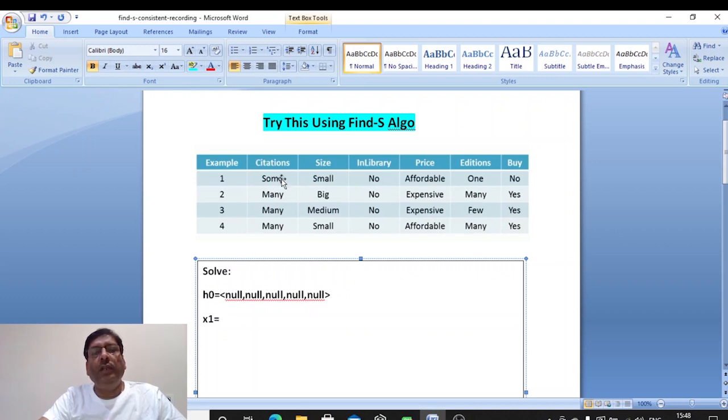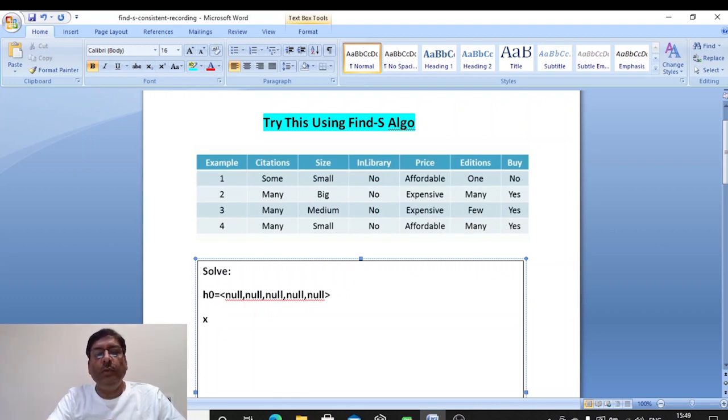But when the values are not matching, then you are supposed to replace with the more general value. In our case, none of these values match with the first example. It is classified as no and expected is no. And as we know, the Find-S algorithm is going to work only on positive instances.